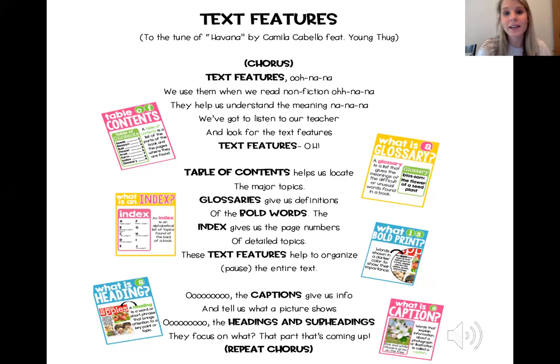Text features, ooh na na. We use them when we read nonfiction, ooh na na. They help us understand the meaning. We've got to listen to our teacher and look for the text features. Table of contents helps us locate the major topic. Glossaries give us definitions of the bold words. The index gives us the page numbers of detailed topics. These text features help to organize the entire text.